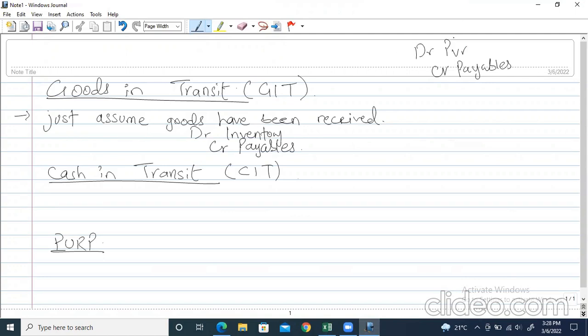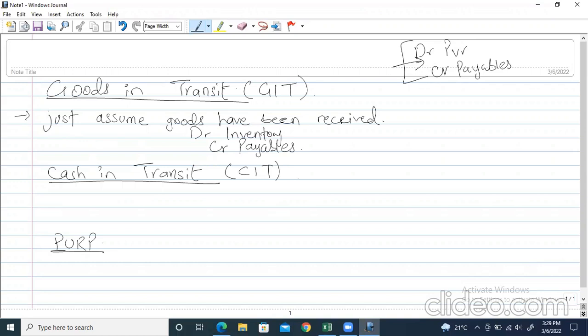We are doing the same double entry, but instead of debiting purchases, we are just increasing the inventory. Purchases is a profit or loss item, not a financial position item, and right now we are studying financial position. In actual terms, the double entry is the purchases one.